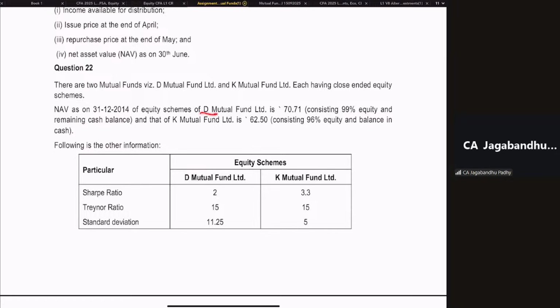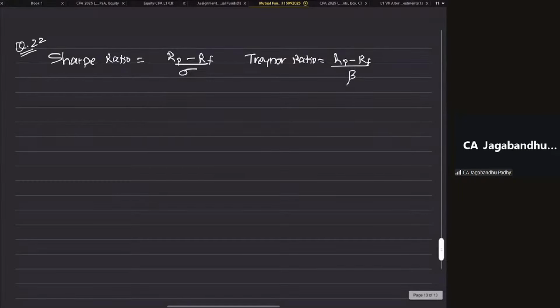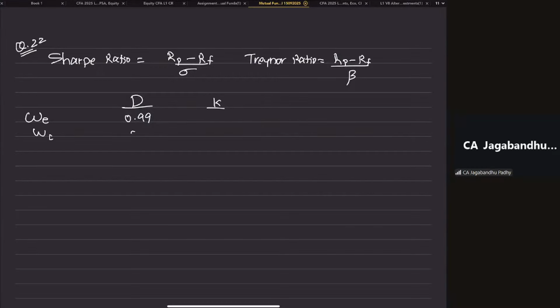So we can say the weight of equity that we have is 99%, and the weight of cash is 1%.